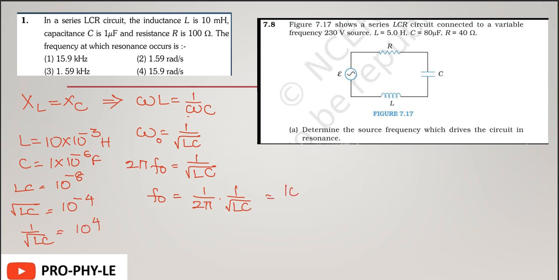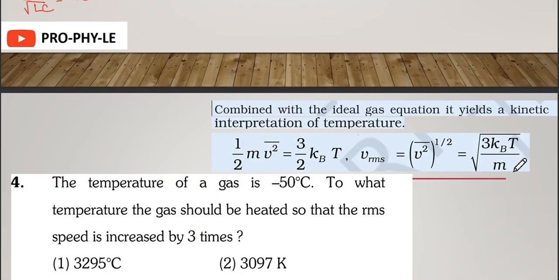So I can write this as 10 into 10 cube by 2 pi. So the closest answer will be 1.59 kilohertz. The same kind of question is there in NCERT also, so you can check the solution and solve that corresponding question on your own.